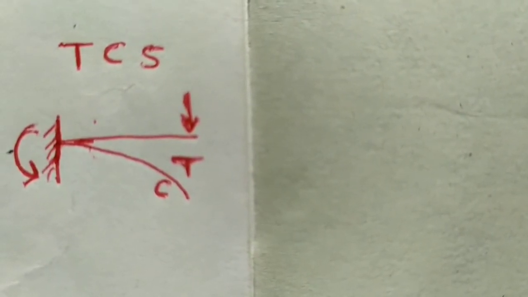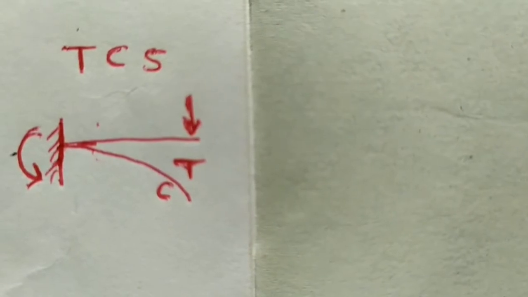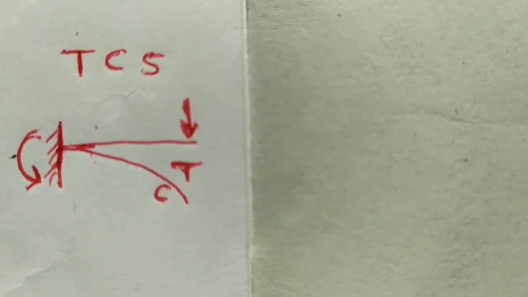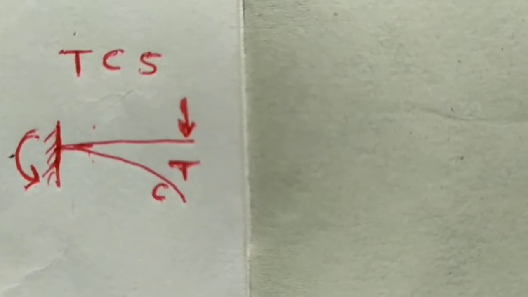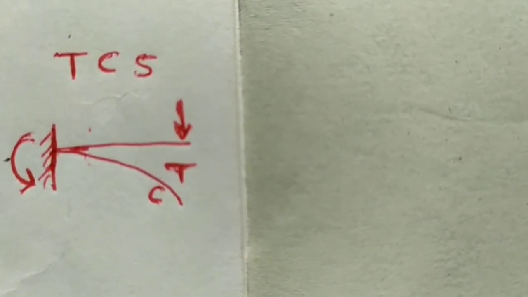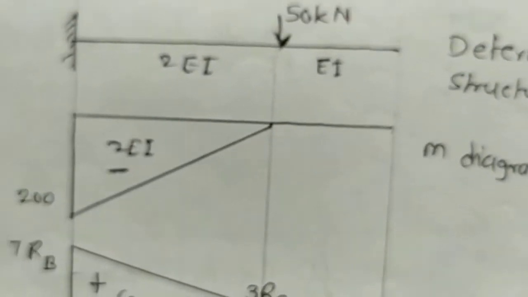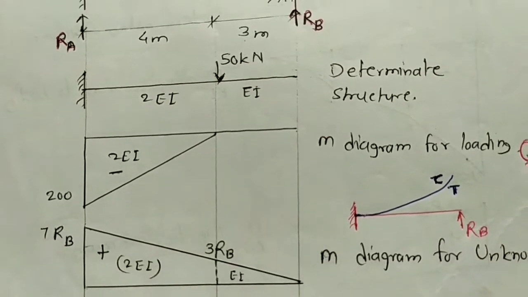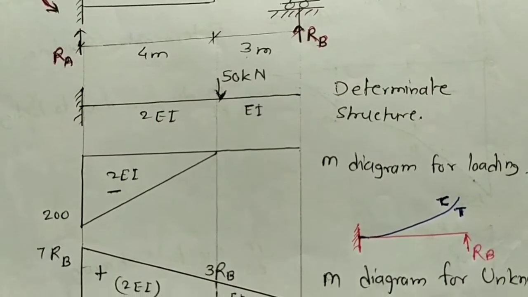But here the top is in tension, that is opposite of TCS. That's why there will be generation of a hogging type of bending moment. Hogging means negative. That's why I have shown the bending diagram as negative. Now this M diagram for the loading is over.